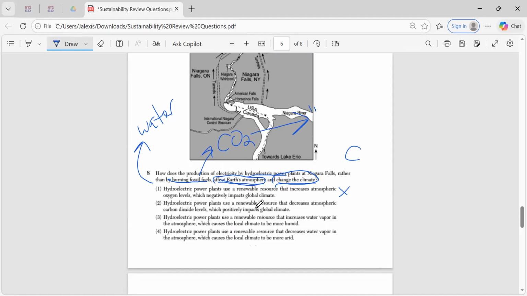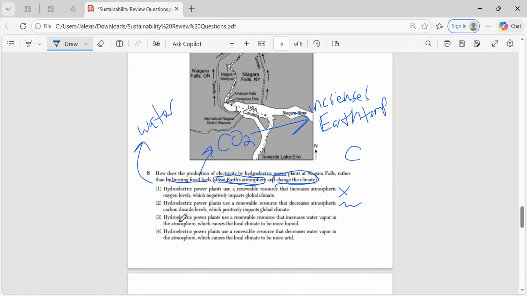It increases the Earth's temperature. That's what happens when we burn fossil fuels. But hydroelectric power plants are not burning fossil fuels. So maybe because of not burning fossil fuels, there's less carbon dioxide heading into the atmosphere, which positively impacts global climate. So this is a potential, but it's squiggly.